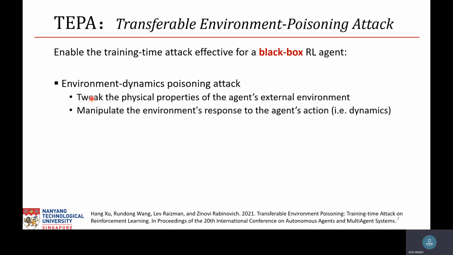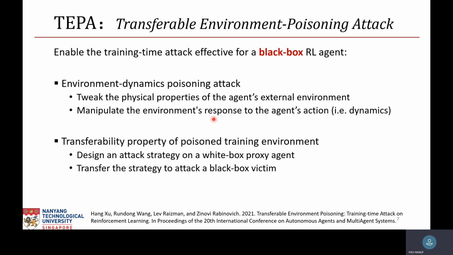In this work, it chooses to manipulate the physical property of the agent's external environment in order to manipulate how the environment responds to the agent's specific action during its learning process. Second, this work is also effective for black box RL agents due to the transferable property of the poisoned training environment.